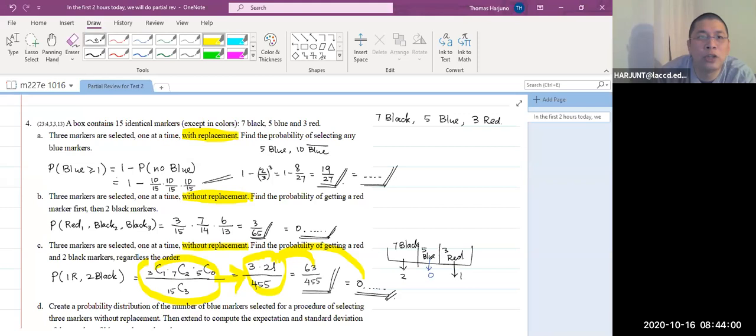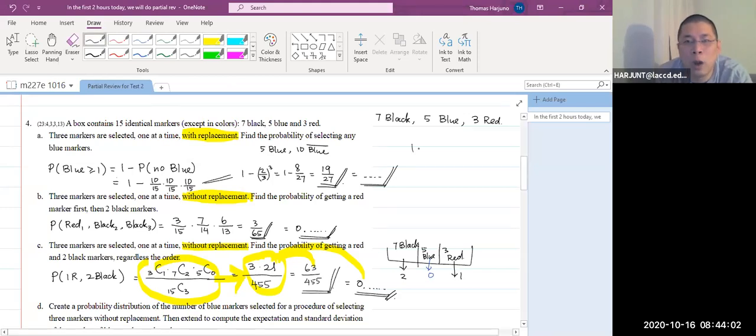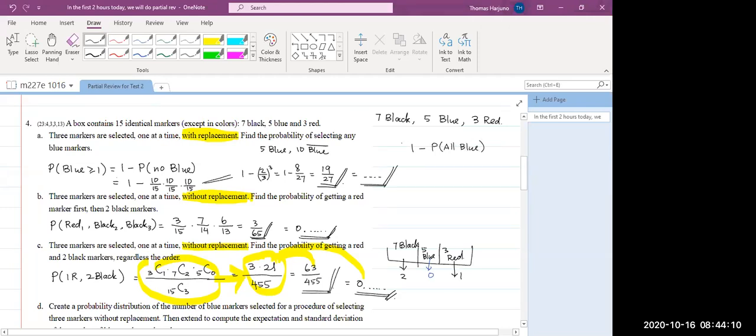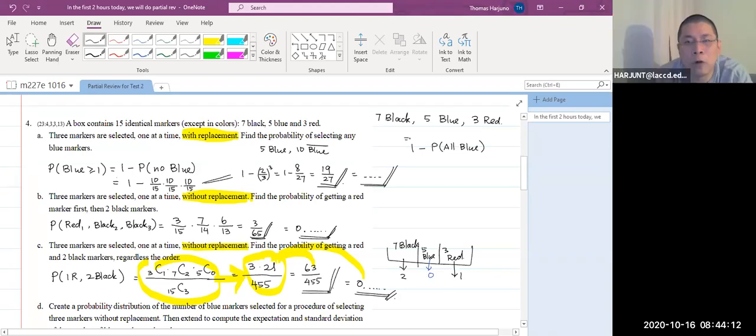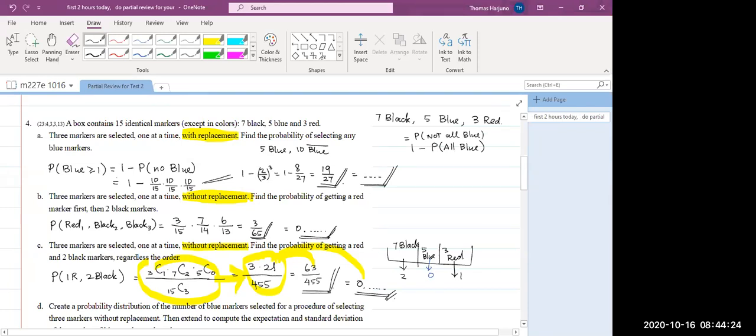Okay, so what you did was 1 minus probability of all blue. But 1 minus probability of all blue is the probability of not all blue. I didn't even do 1 minus.